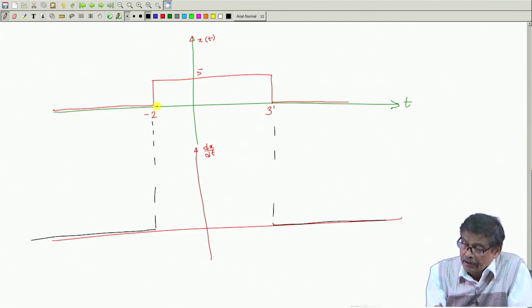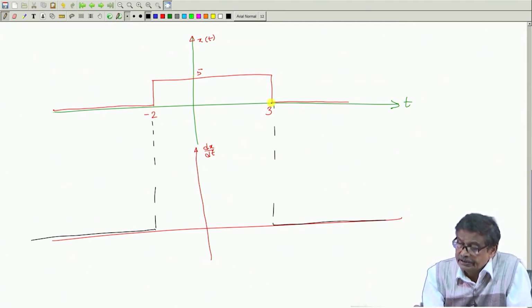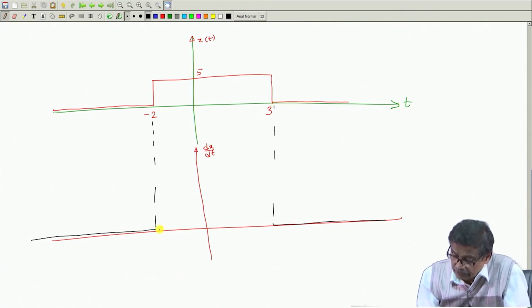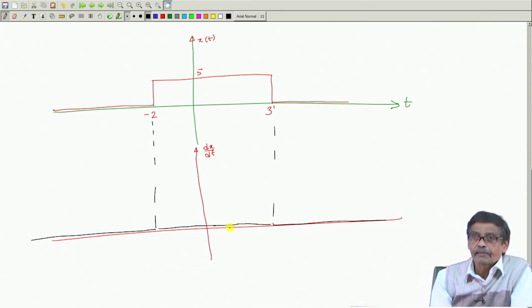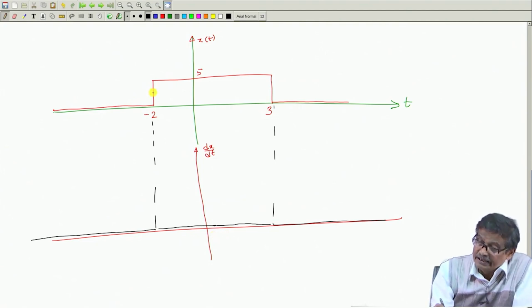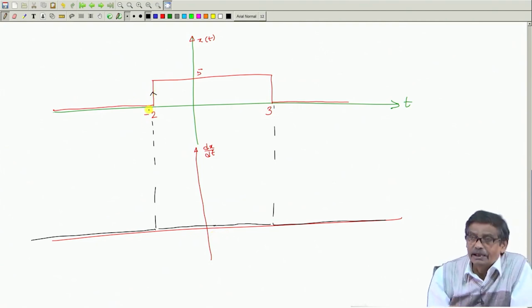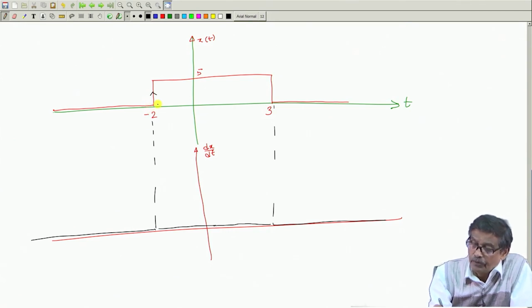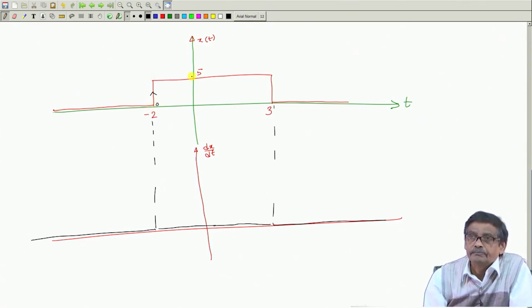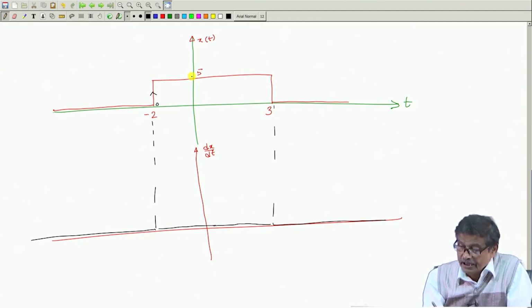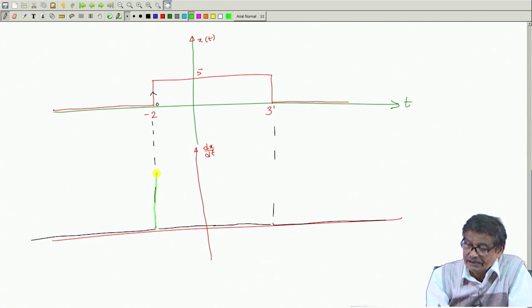And between minus 2 and plus 3, it is 5, so the derivative will also be 0 because of the constant value. But here lies the discontinuity. At t equal to minus 2, in no time it jumps from 0 to plus 5. So, I will expect that there must lie an impulse here, a positive impulse of strength 5 delta(t).